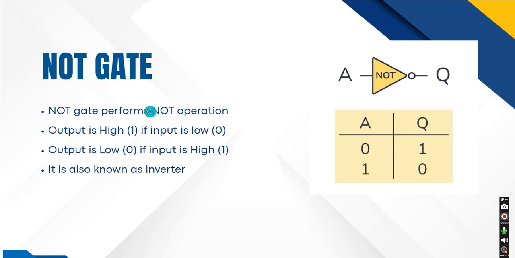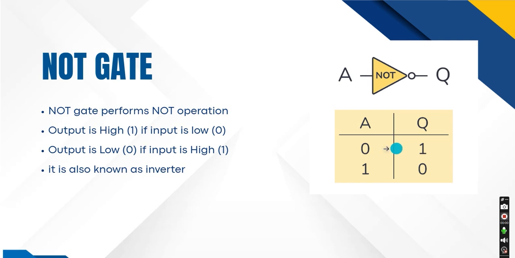The NOT gate performs the NOT operation. Output is high if input is low, and output is low if input is high. This is the circuit diagram of the NOT gate, and this is the truth table. I have just one input as well as one output.